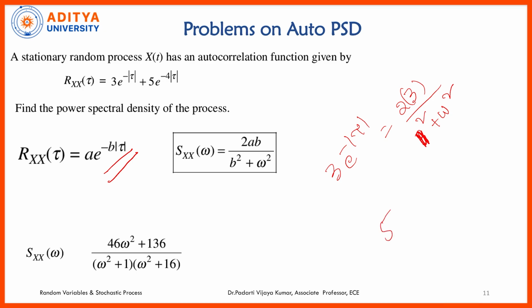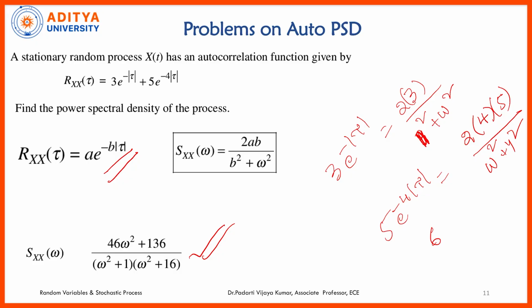Next, 5 into e power minus 4 into absolute value of tau is 2 into 4 into 5 divided by omega square plus 4 square. So again, computing the LCM, the final answer will be something like this.